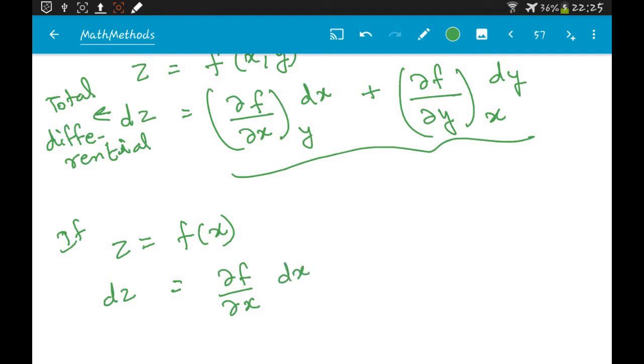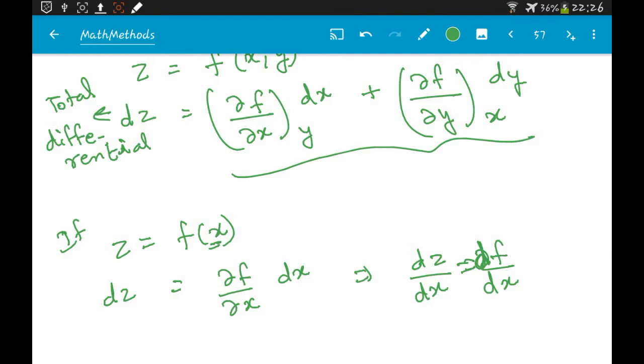So basically dz by dx is nothing but df by dx, because there is only one variable, which is x. We don't have to write it in terms of partial derivatives. We can just write dz by dx is equal to df by dx. This is how we write the differential for a system which is dependent on only one variable.